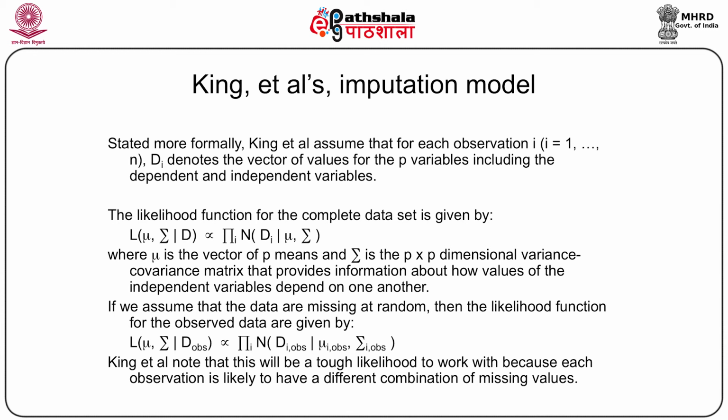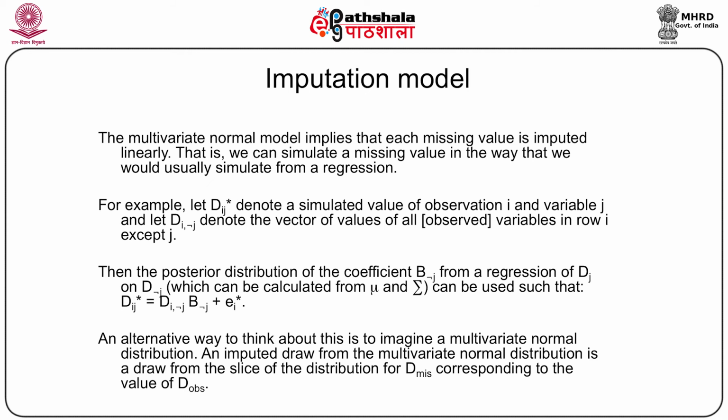King and others note that this will be a tough likelihood to work with because each observation is likely to have a different combination of missing values. So the imputation model states that the multivariate normal model implies that each missing value is imputed linearly. That is, we can simulate a missing value in the way that we would usually simulate from a regression.